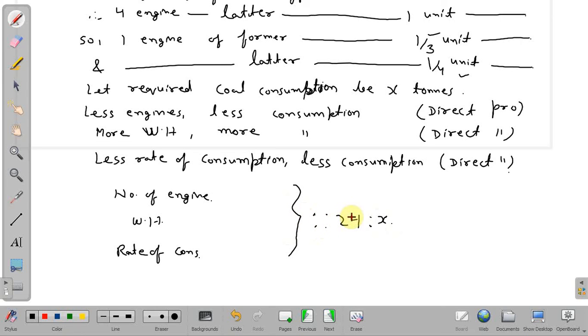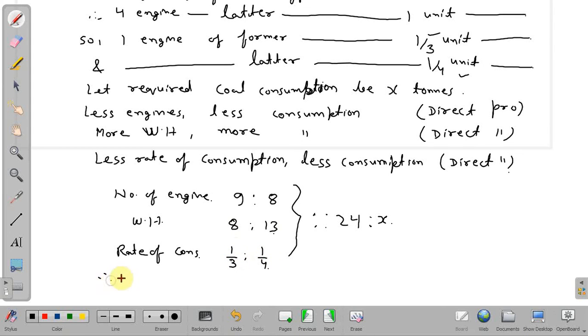So we can say when coal consumed is 24 metric tons, number of engines was 9. So 9 will be here. Second case number of engines is 8. Working hours for first case is 8 and second case is 13. Rate of consumption for first one is 1/3 and second case 1/4.